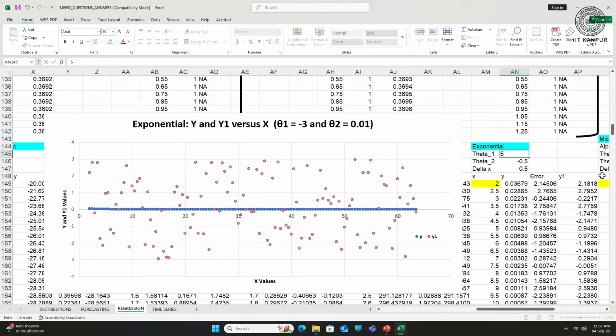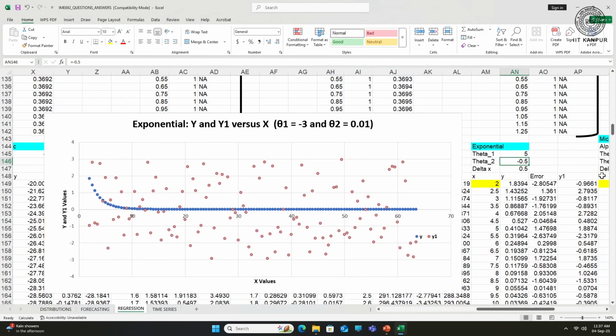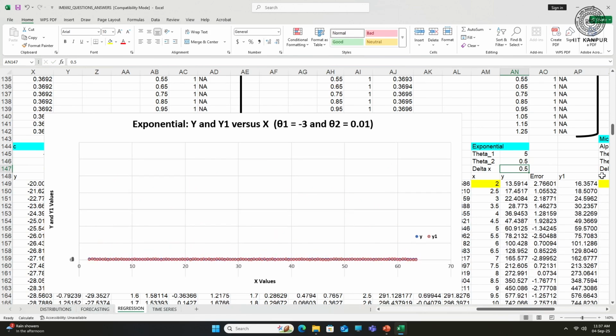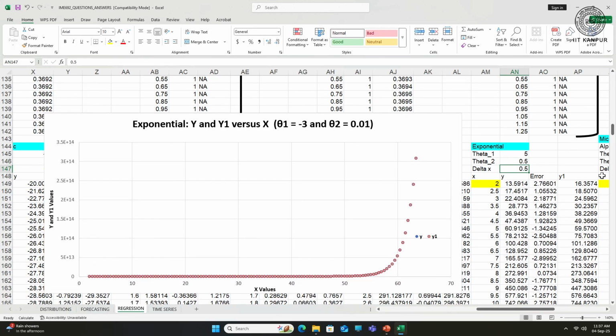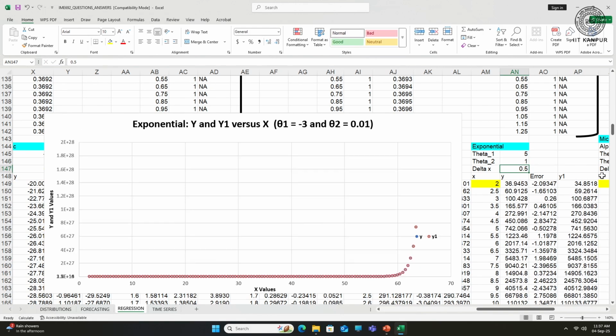So, let us revert back to 5 and let us now do something with the values of theta 2. So, let us make it plus 0.5. The moment you do plus 0.5, the trend changes, plus the error with respect to the best fit line and the actual value also shows a huge amount of improvement. So, let us make theta 2 as 1.